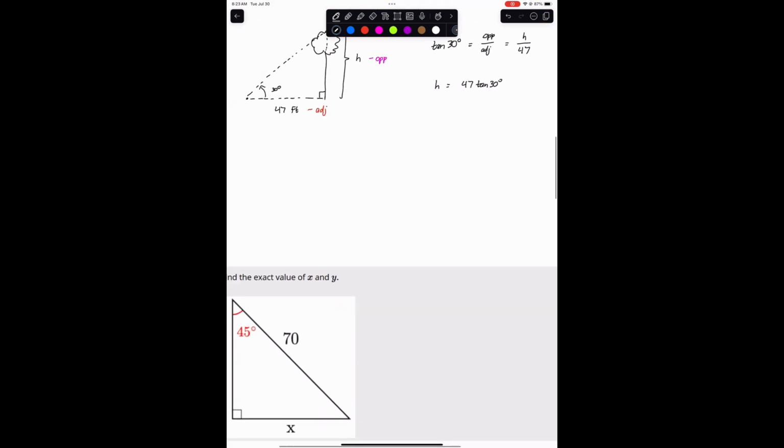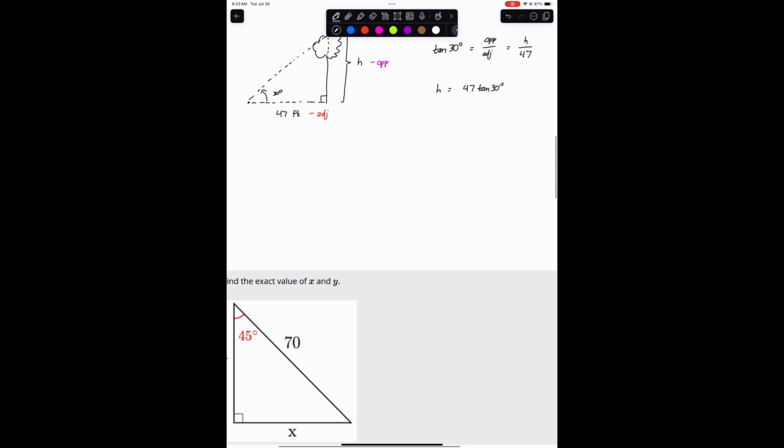But if you remember our unit circle, at 30 degrees, we have sine being equal to 1/2, and cosine is equal to root 3 over 2. Now, why is this relevant? Because tangent, being opposite over adjacent, is also sine over cosine.